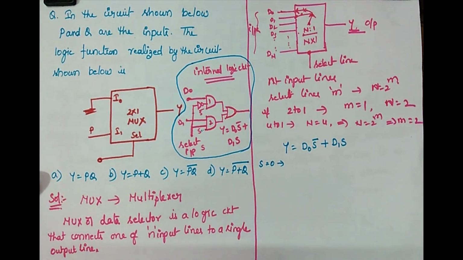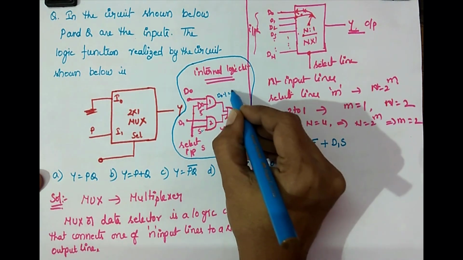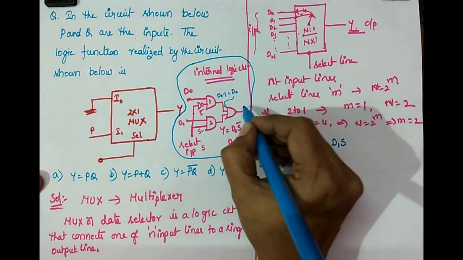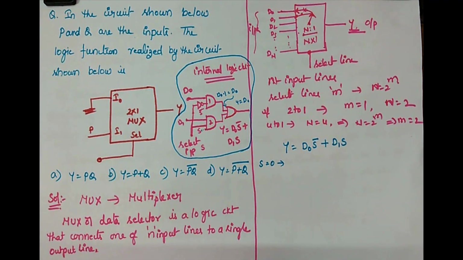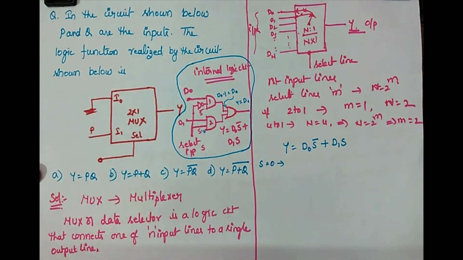So gate 1 output is D0 into 1, which is D0, and that is given to this OR gate. So output is D0 when S is equal to 0.